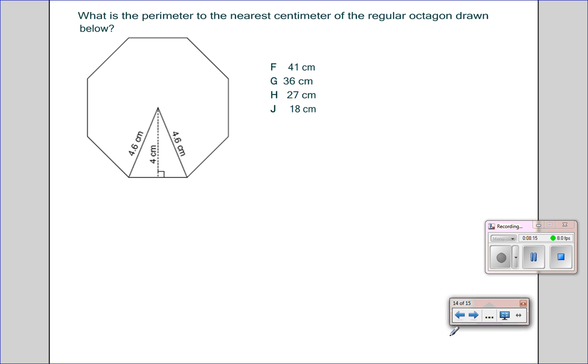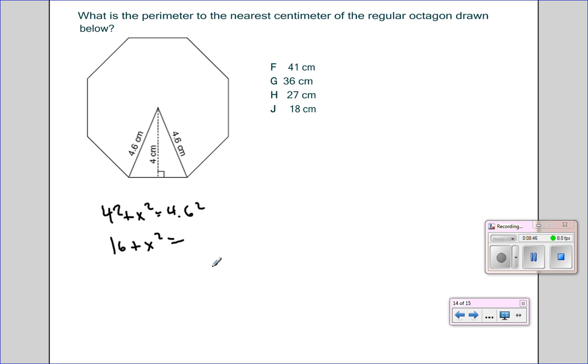All right, last problem we're going to look at here. What is the perimeter to the nearest centimeter of the regular octagon drawn below? So notice here, you have a right triangle. And what can we use when we have a right triangle to figure out a missing side? Pythagorean theorem. So 4 squared plus x squared equals 4.6 squared. 16 plus x squared equals, let's see, 4.6 times 4.6 gives you, sorry, my calculator messed up a little bit there.